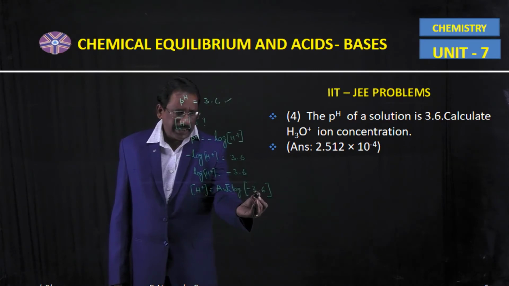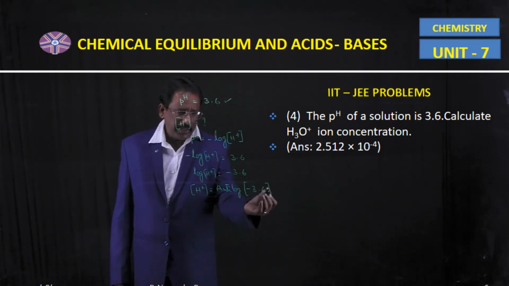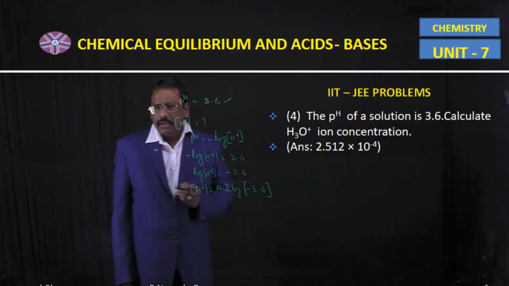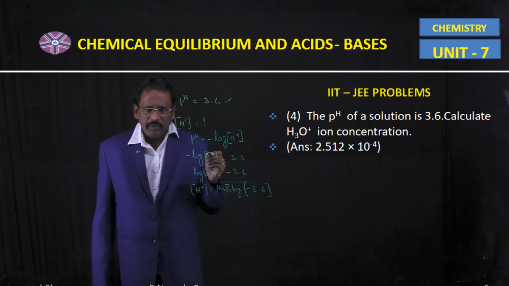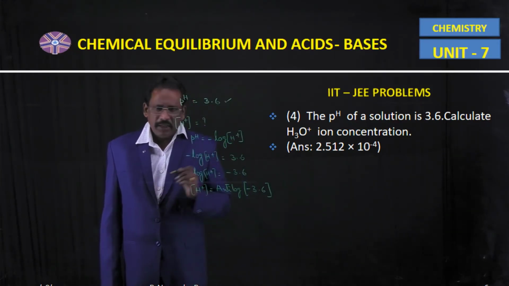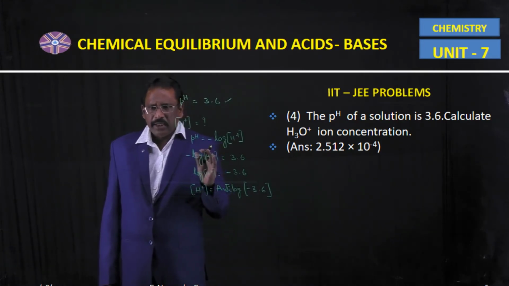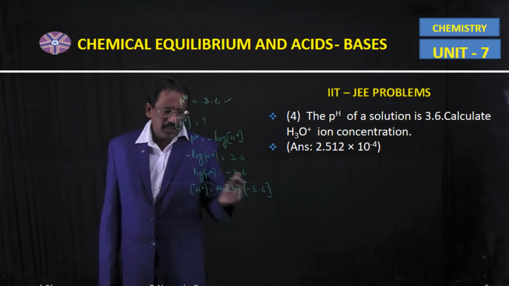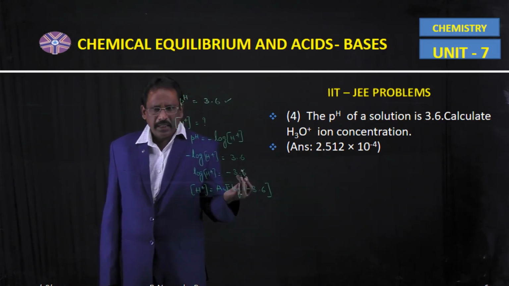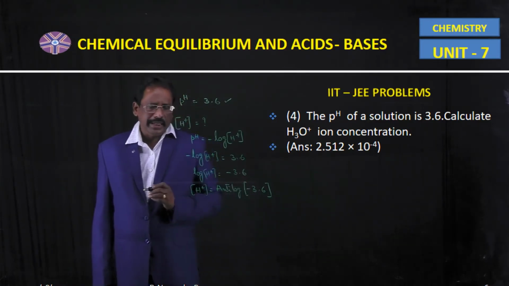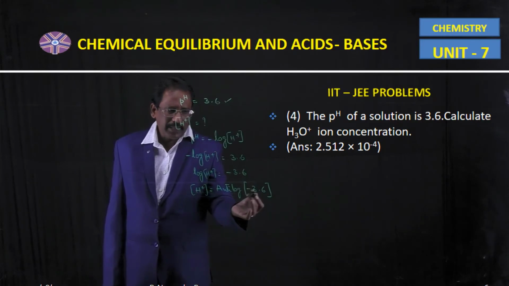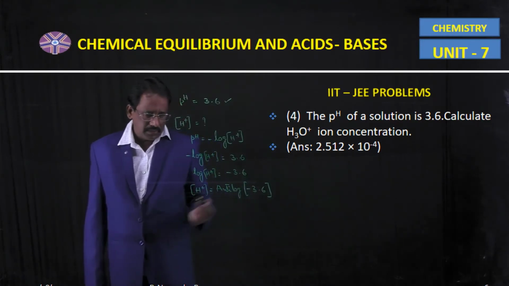both characteristic value and mantissa are in negative sign, but mantissa should not be in negative sign. That's why I convert this mantissa into positive sign by adding plus 1 and minus 1 to this value.